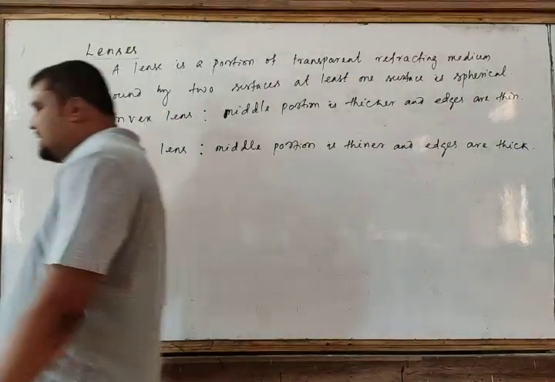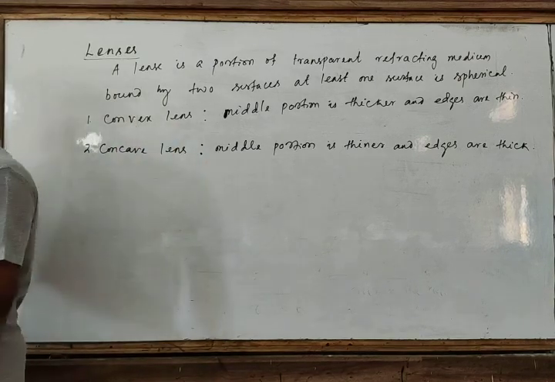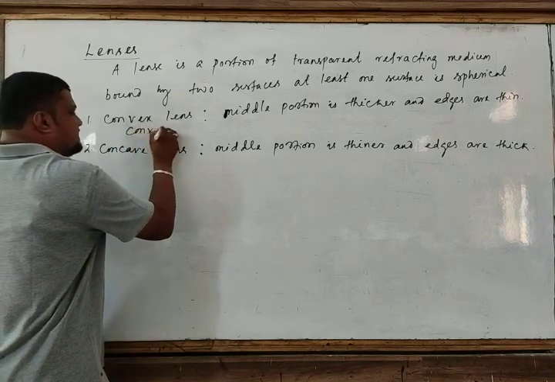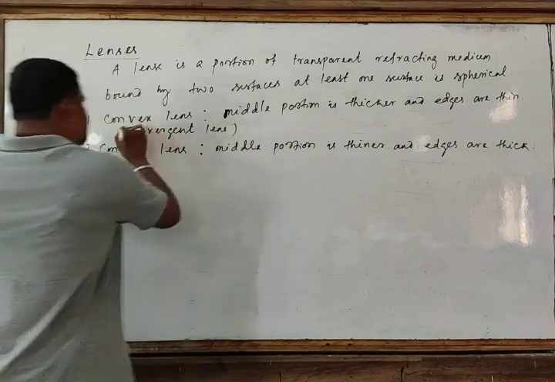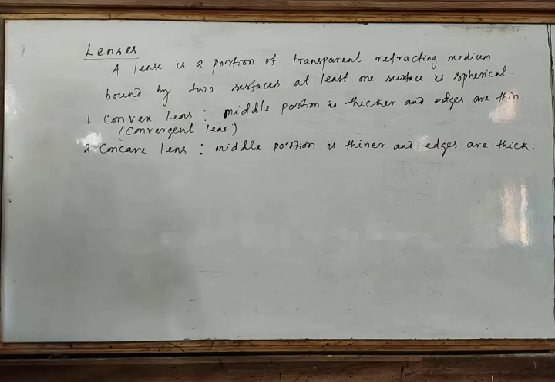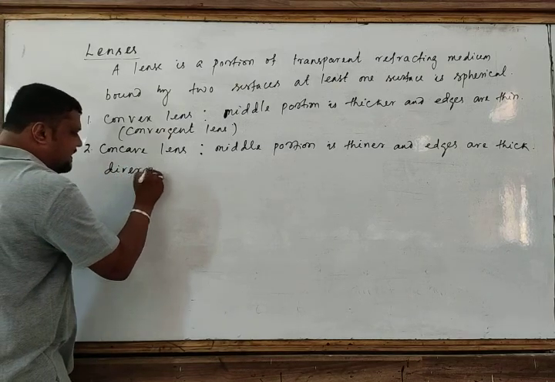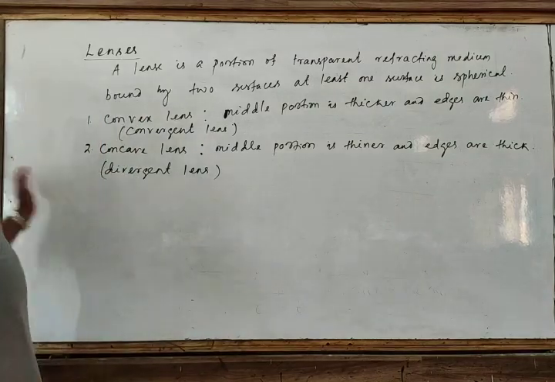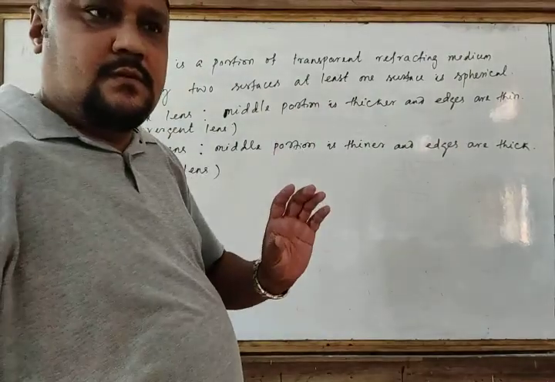This convex lens is also known as a convergent lens because it converges the rays. Similarly, the concave lens is also called a divergent lens because it diverges the rays incident parallel on the lens.